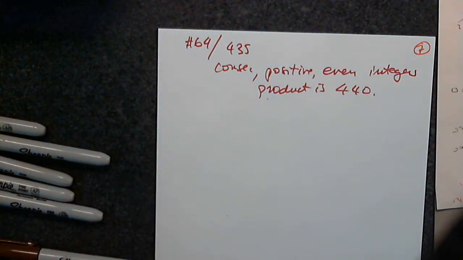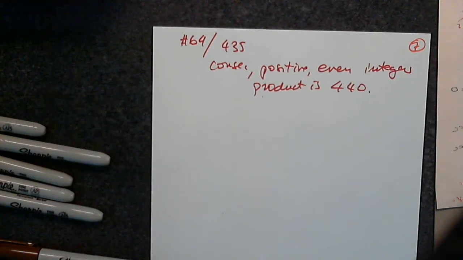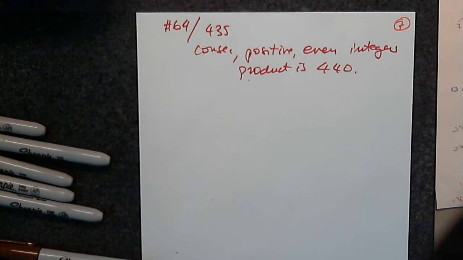Can you give me two consecutive even positive integers as an example? If the first one, let's say I pick 10, which one will be the second? 12. Very good. If I pick 24, what will be the next one? 26.